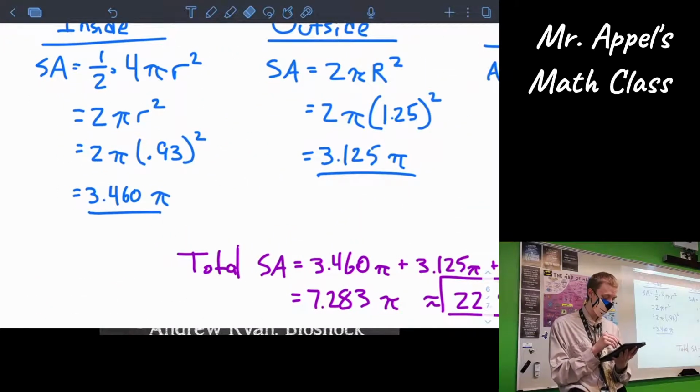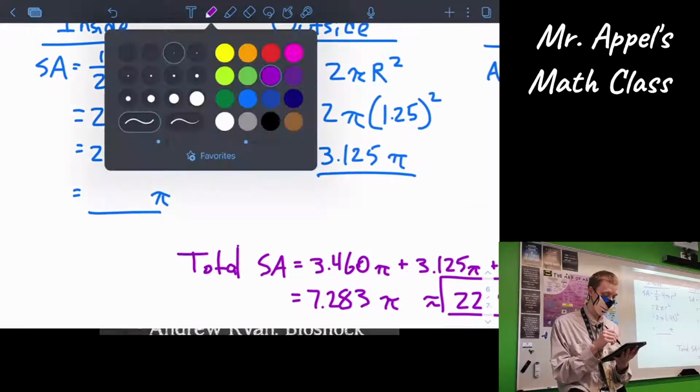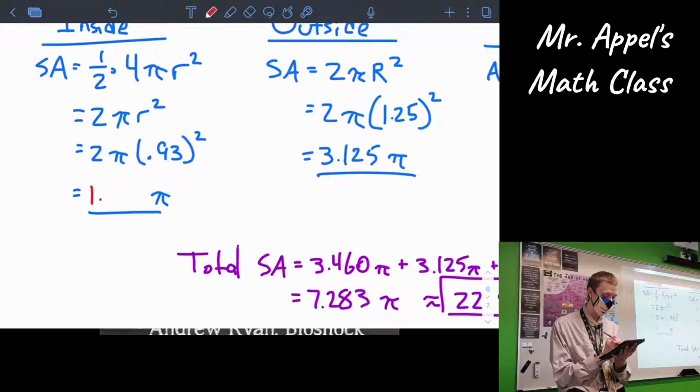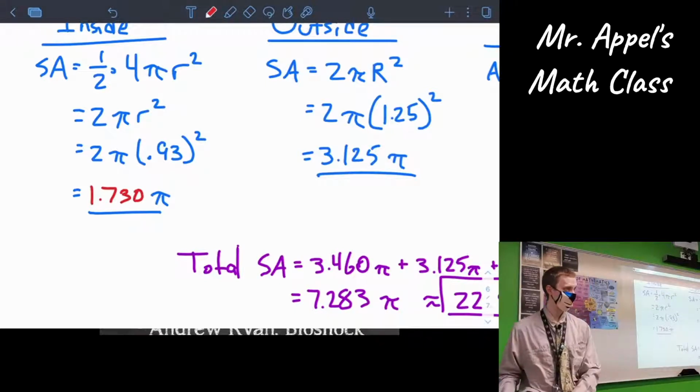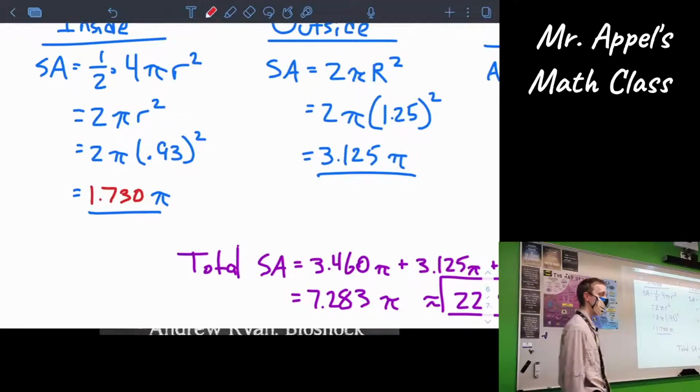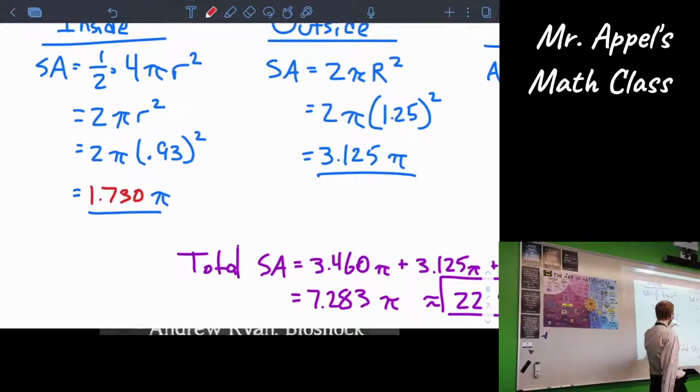You're saying this should be 1.729? The 9 rounds up, so 30, okay. Okay, that sounds a lot better. And again, a little bit of pre-thinking here.